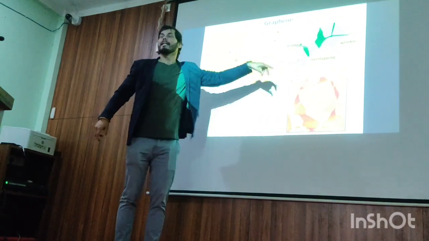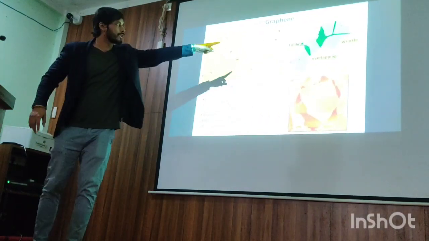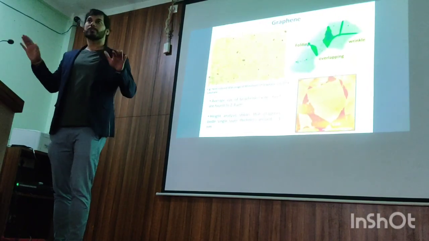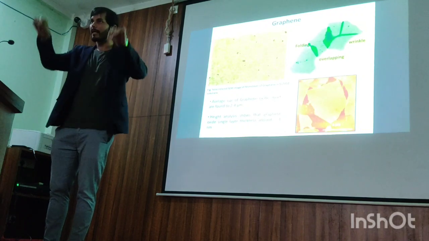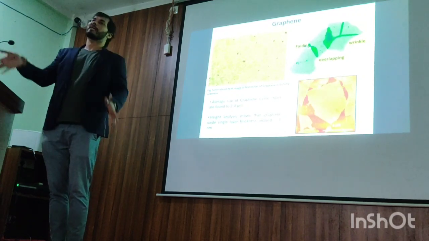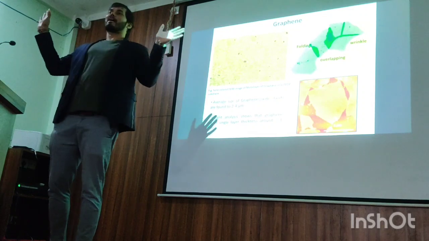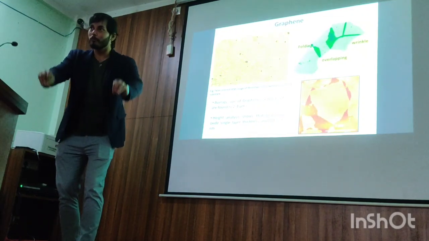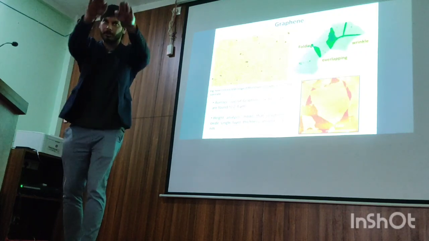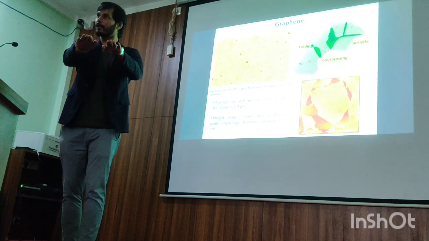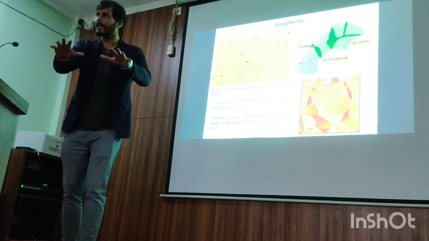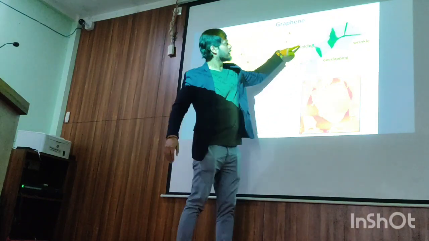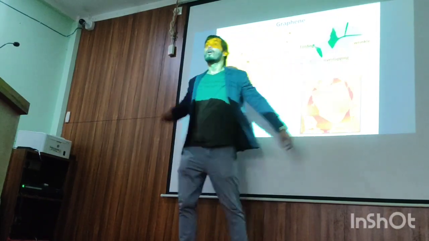Now, to understand graphene: folding, overlapping, wrinkles. Let me give an example: a bedsheet. When you put the bedsheet directly on something, it gets crumpled, and that is known as wrinkles.